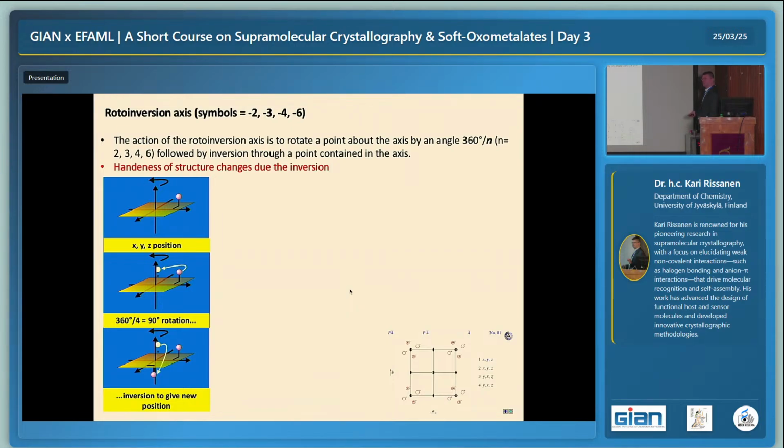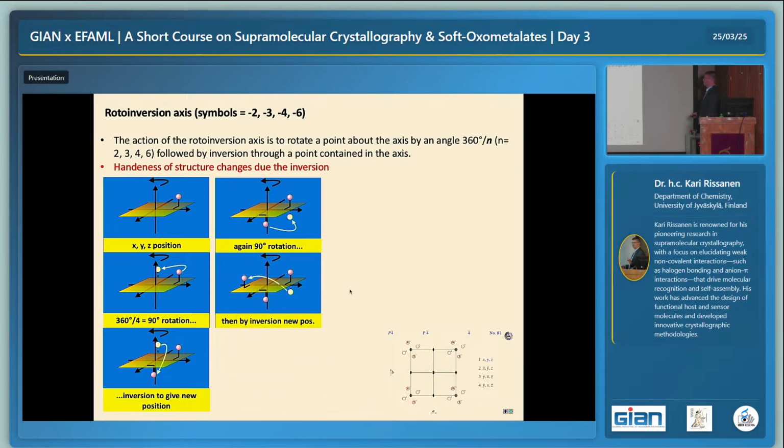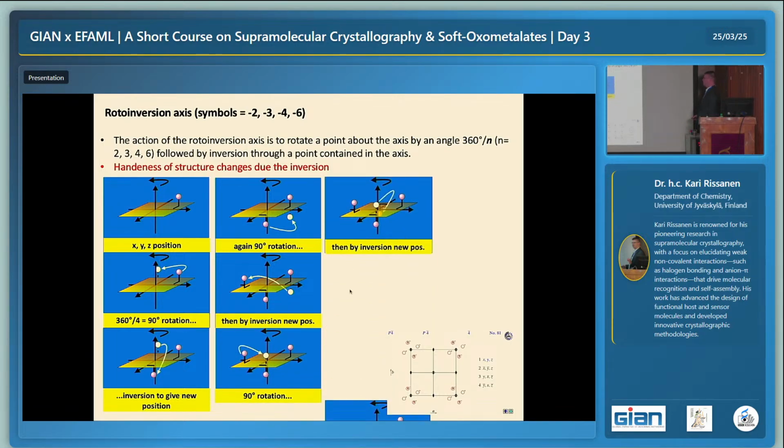So it goes here. And at the same time, the handedness will change. Now again, rotation 90, we go here. Now reflection on the other, or inversion through center in here. Now 1 becomes 4. Now we can repeat it. We can repeat it like this.